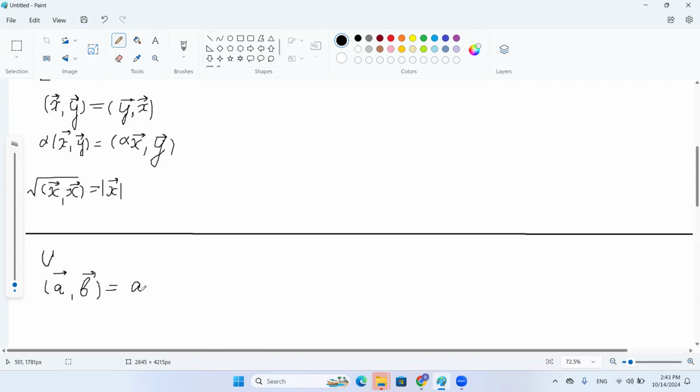So XA multiplied by XB and its complex conjugate, and YA multiplied by YB, multiplied by the complex conjugate as well.